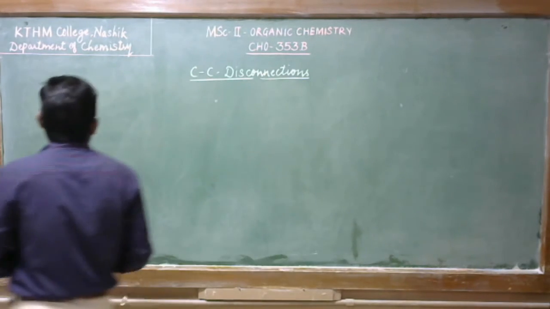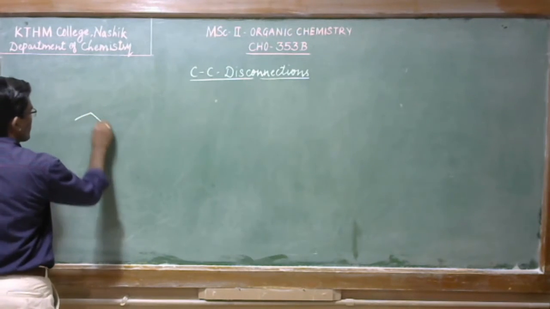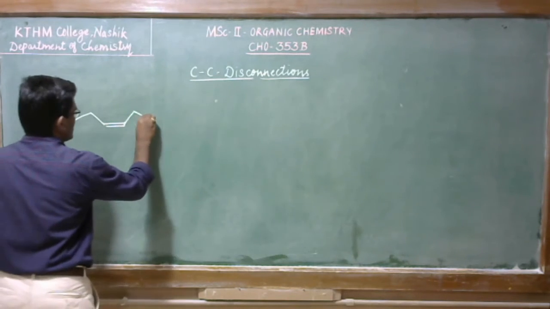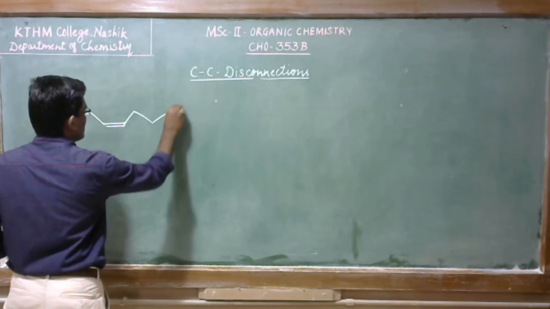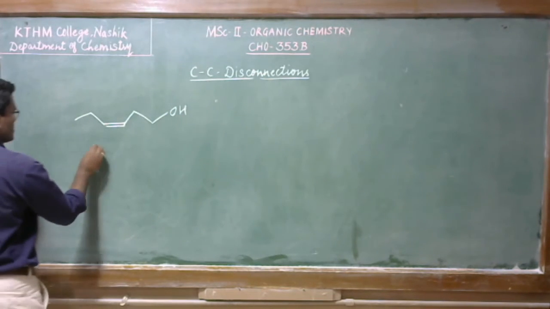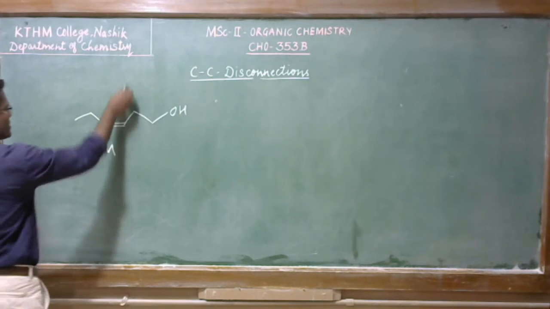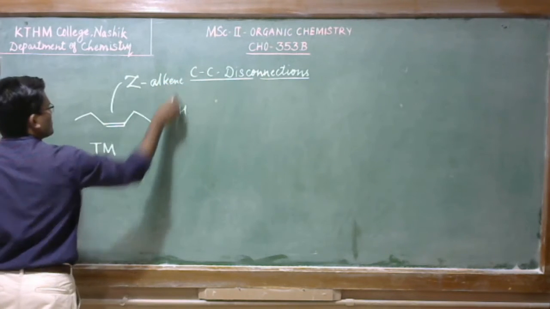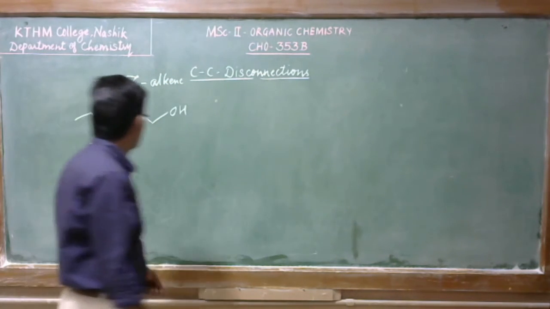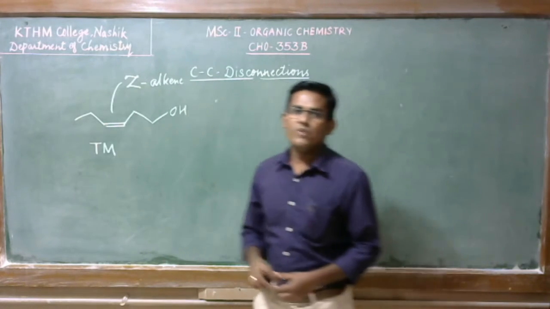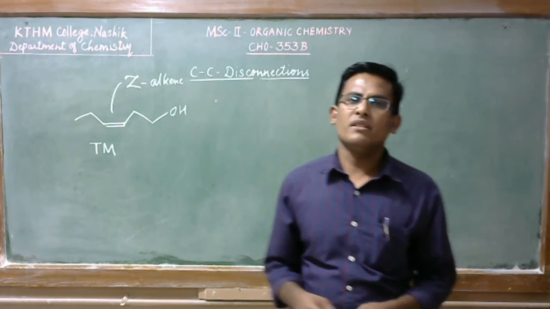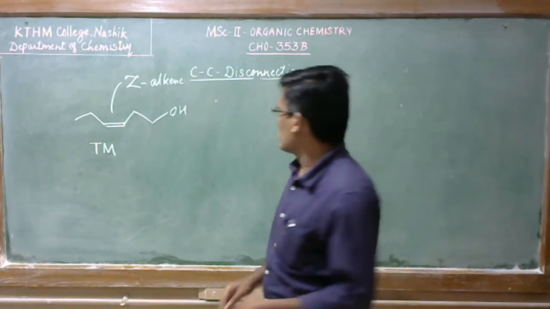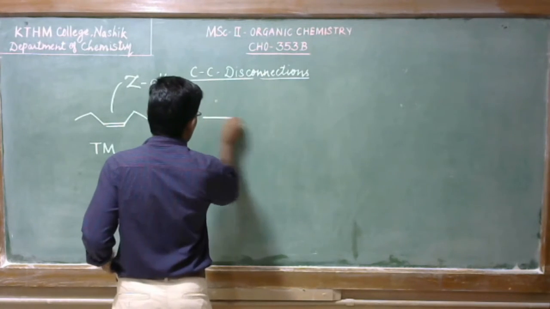Alright, so this is our target molecule, which is having a cis-alkene. Now we know this cis-alkene can be derived from alkyne by using Lindlar catalyst. So let us do this FGI.